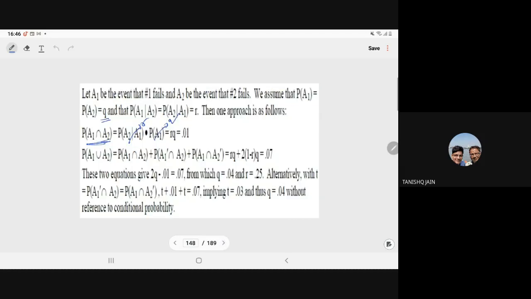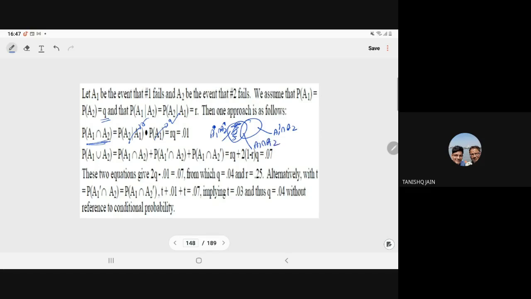So here the probability of A1 union A2 is equal to what? It consists of A1 intersection A2 dash, A1 dash intersection A2, and A1 intersection A2.